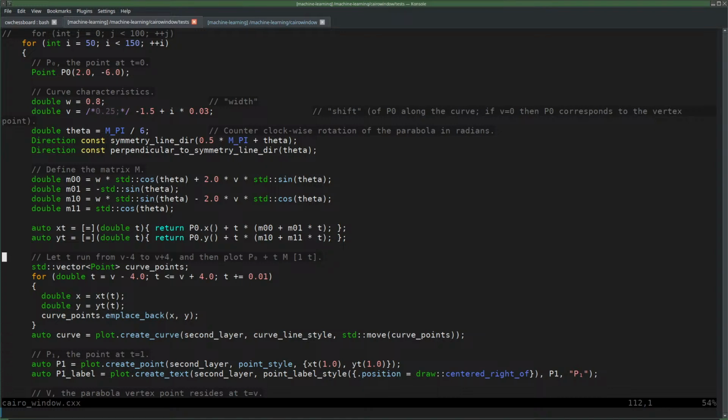No, yeah, curve points. Great curve. That works with points. So making a vector of points and then call this. Now we have a curve. A slow curve, but hey, it's a curve.